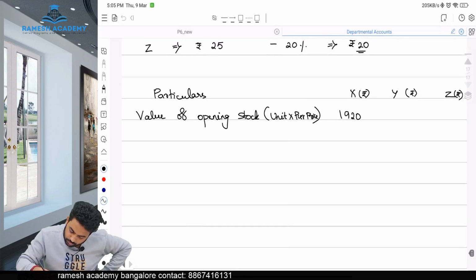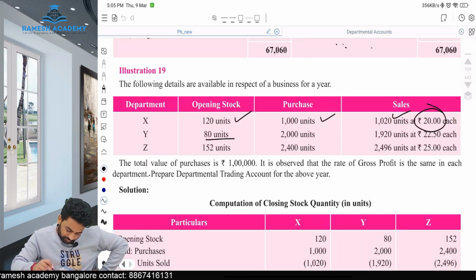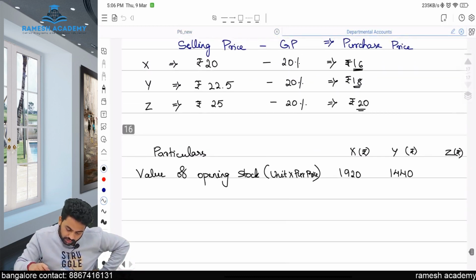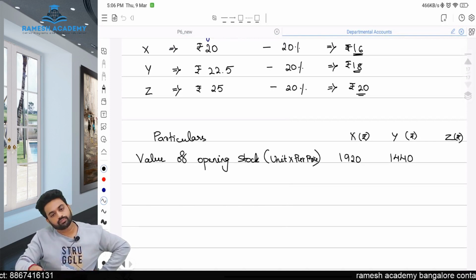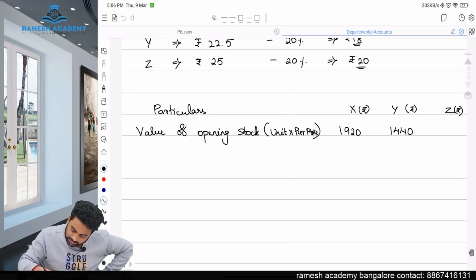Y it is rupees 1440. Next is Z. How many units? 152 units were there. So 152 into 20, which is 3040. Z it is 3040. Okay, sir.